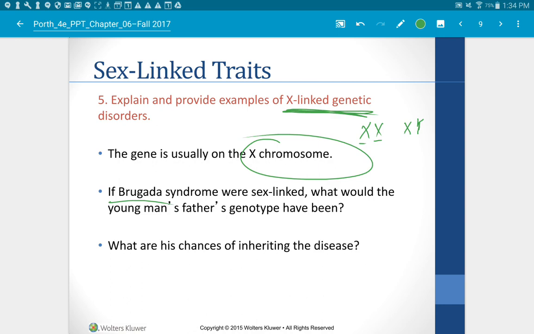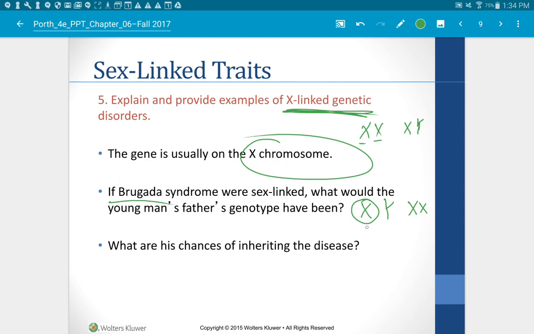So if it's on the X chromosome, he's only got 1 X chromosome, right? So that means that he would have an affected X chromosome, and then of course you have the Y chromosome, whereas the unaffected mother might have had just 2 normal X chromosomes. Does that make sense? Yeah, so the father, if it was sex-linked.